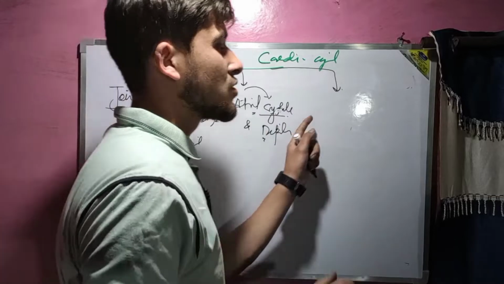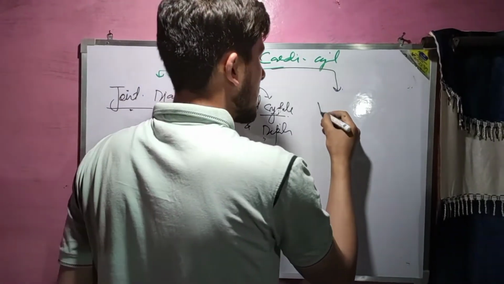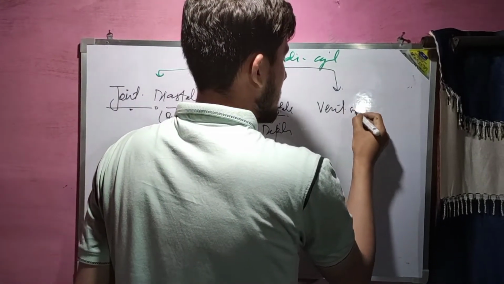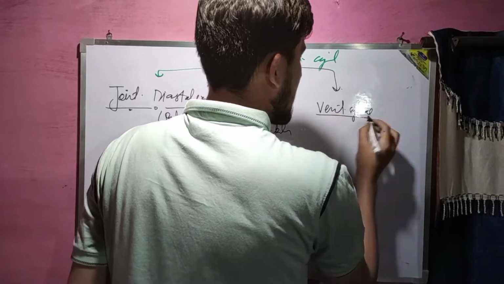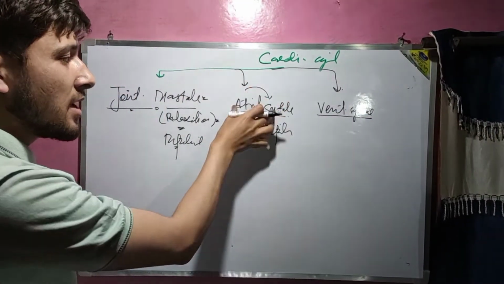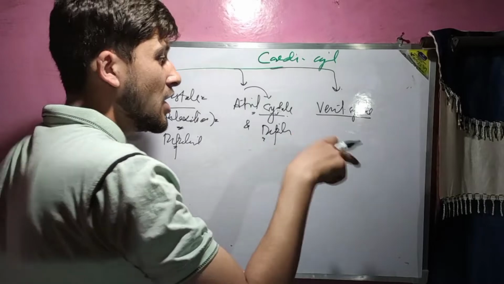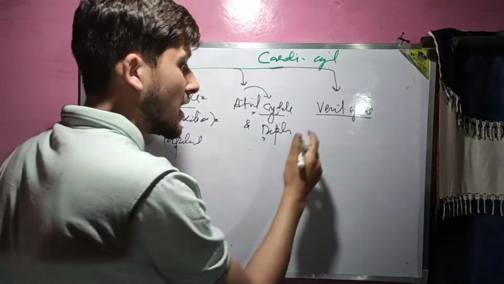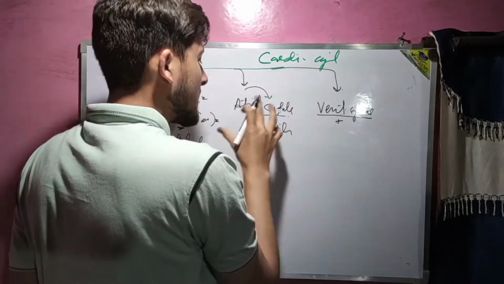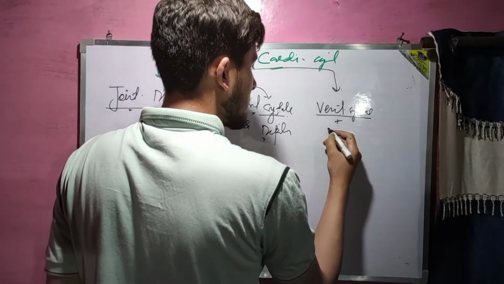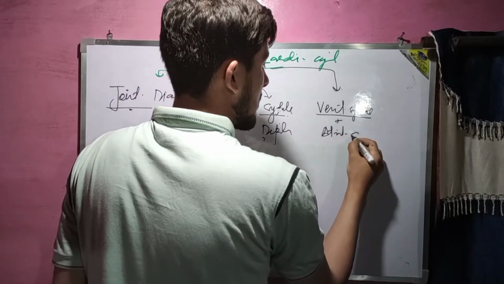After atrial systole, the third phase is called the ventricular systole. After the atria contract, the ventricles contract, and meanwhile the atria return to their normal position, which is called atrial diastole.